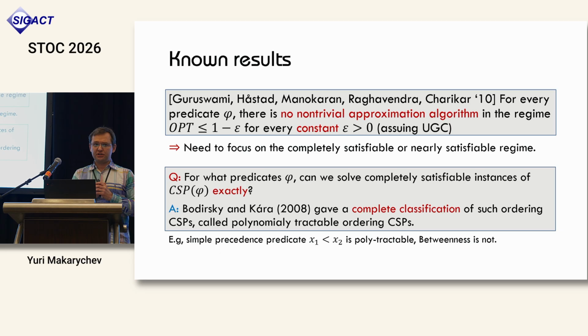So we are not interested in an approximation, we want to get an exact algorithm. And they provided a complete classification of such CSPs based on phi, and in some cases it's polynomially tractable, in some cases it's NP-hard. The criterion is pretty simple: given a specific predicate phi or even a constraint language, we can easily say whether it's polynomially tractable or NP-hard.